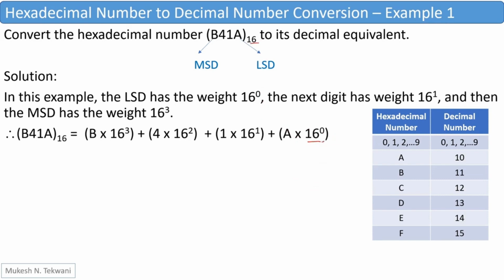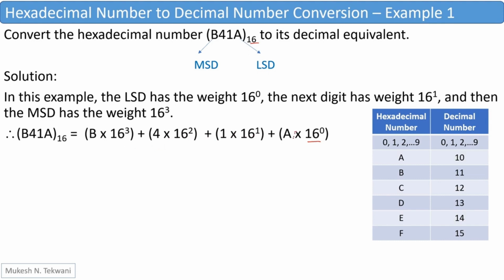So starting from the least significant digit, each digit, for example A, is multiplied with an appropriate power of the radix, and we start with the power as 0. So A into 16 raised to 0 plus the next digit is 1, so 1 into 16 raised to 1. And as we move towards the most significant digit, we keep on multiplying by appropriate powers of 16.